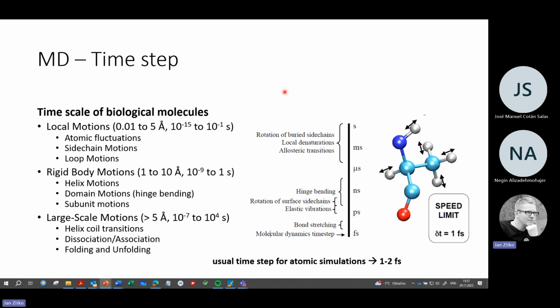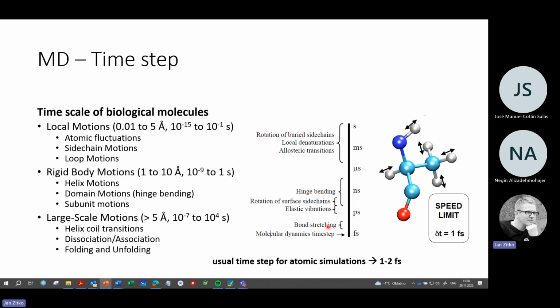Yeah. The time step also depends on what effects or what occasions you want to study in your system. Because you can simply imagine that different processes take typically different times. So if you look at the molecule, for example, a stretching of a bond, it's somewhere between femtoseconds and picoseconds.